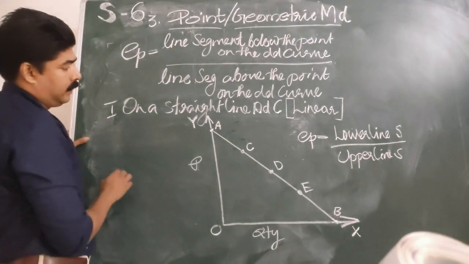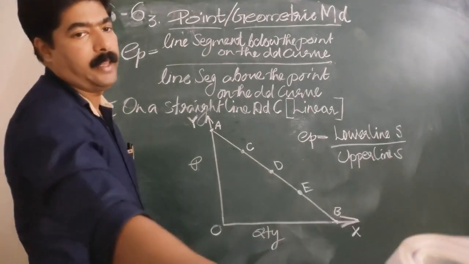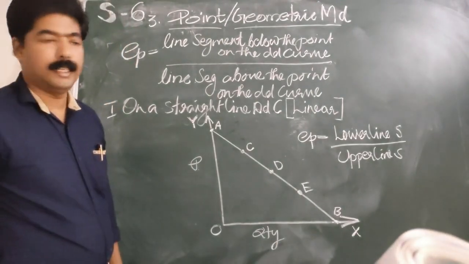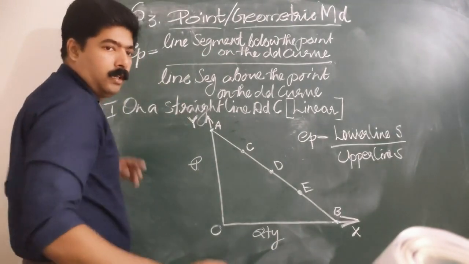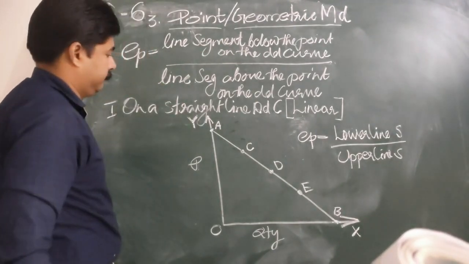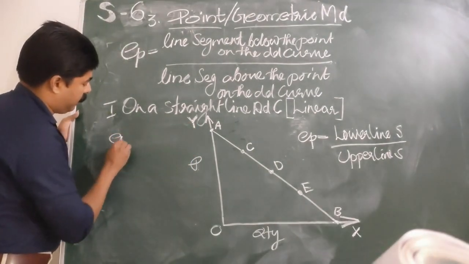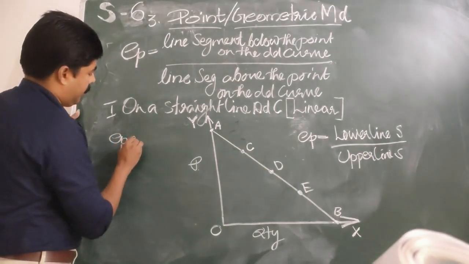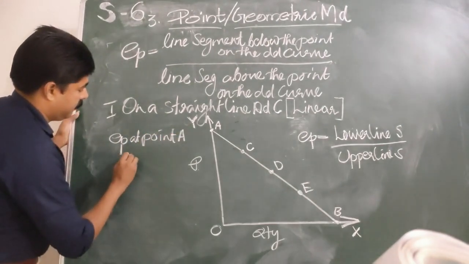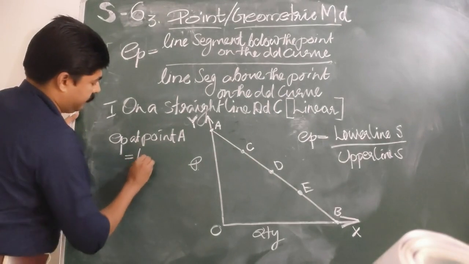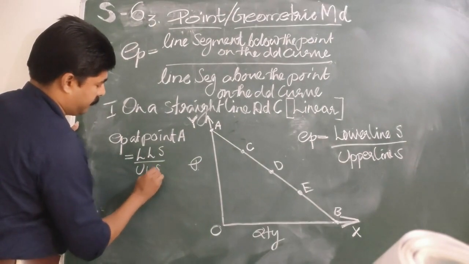Let us see the value at points A, B, C, D. Price elasticity of demand at point A is equal to the lower line segment upon the upper line segment.